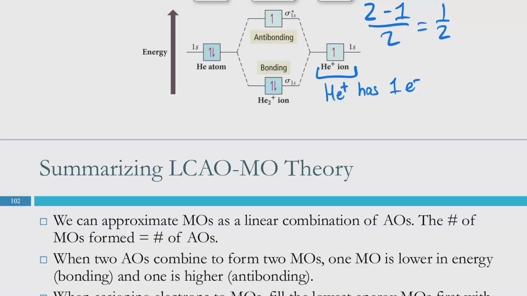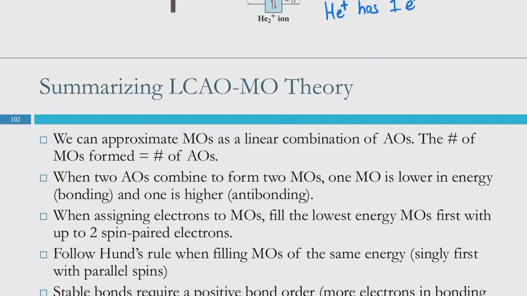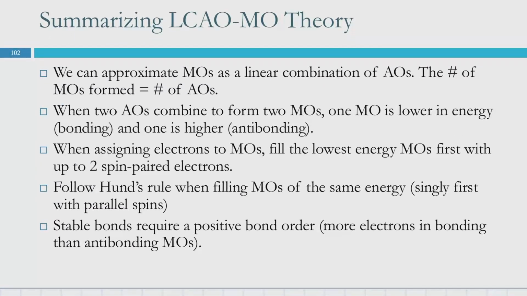Questions so far about our LCAO, linear combination of atomic orbitals, MO, molecular orbital theory? So we can approximate molecular orbitals as a combination of atomic orbitals. We're going to have one bonding that's lower in energy, one antibonding that's higher in energy, and it's more high in energy than our bonding is low in energy.